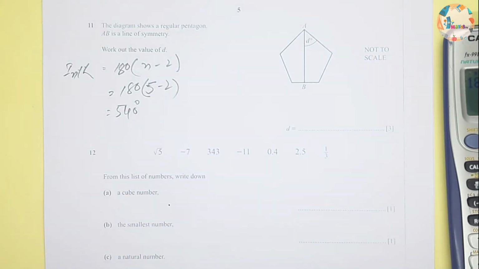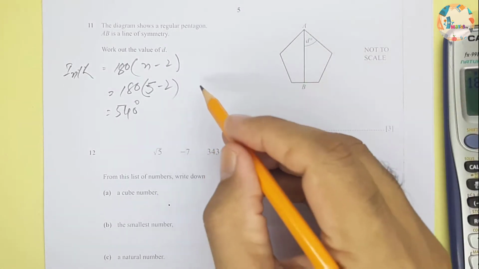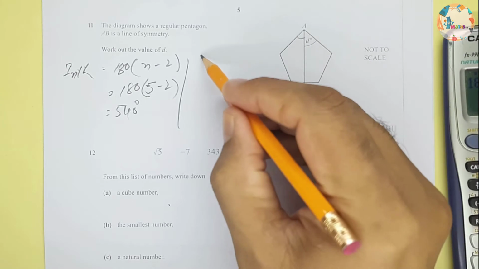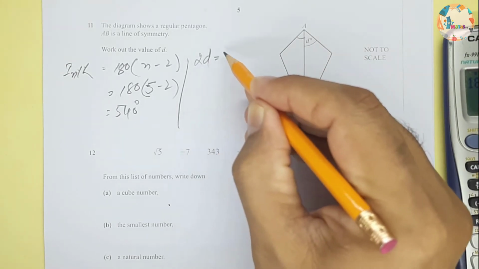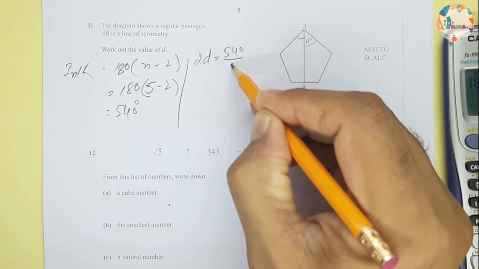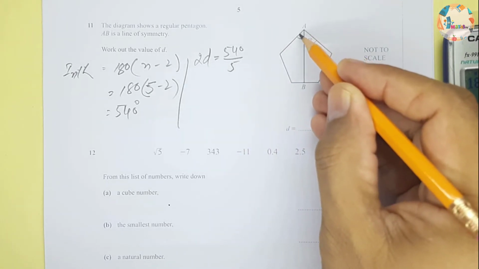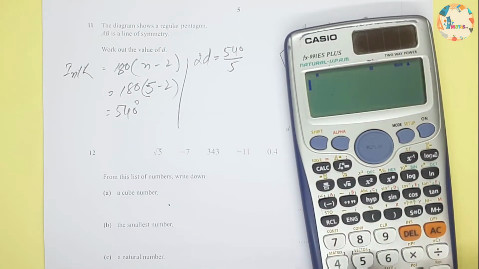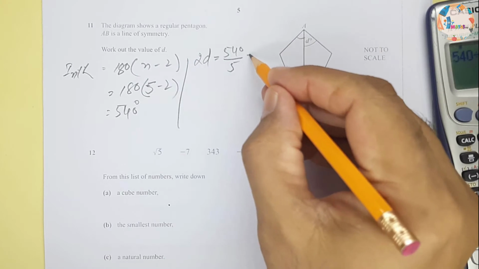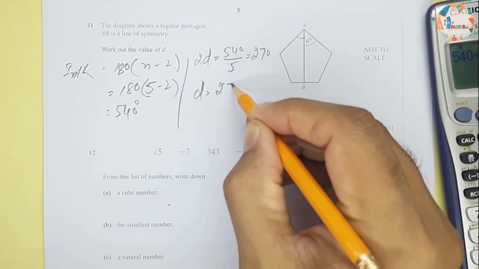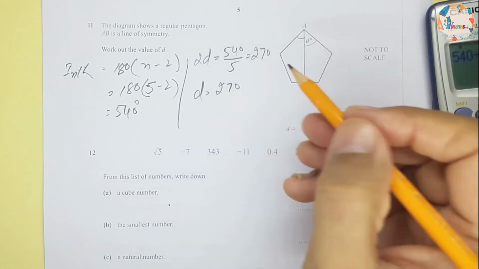Now we need D. So 2D will be equal to, this will also be D, so D plus D will be 2D. So 2D will be equal to 540 divided by 5, because there will be 5 interior angles.